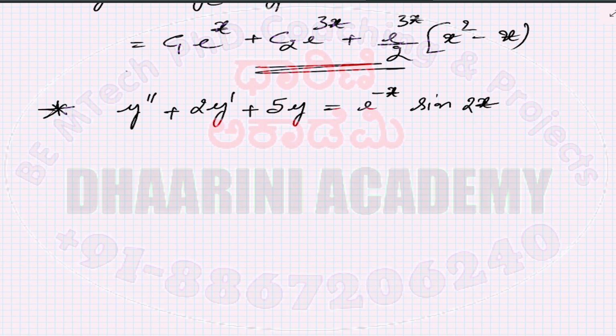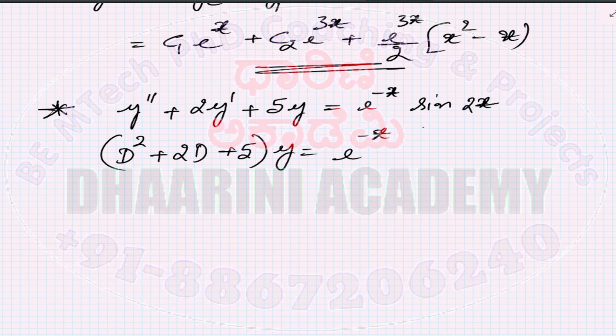So first we'll convert this into the required format, replacing d by dx as capital D. So I get D squared plus 2D plus 5 into y is equal to e to the minus x into sine 2x.